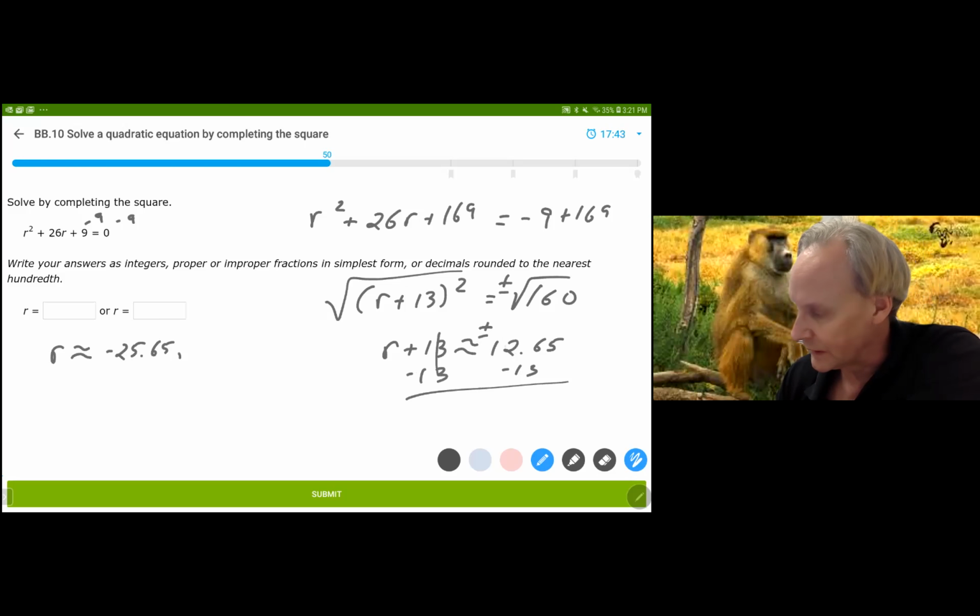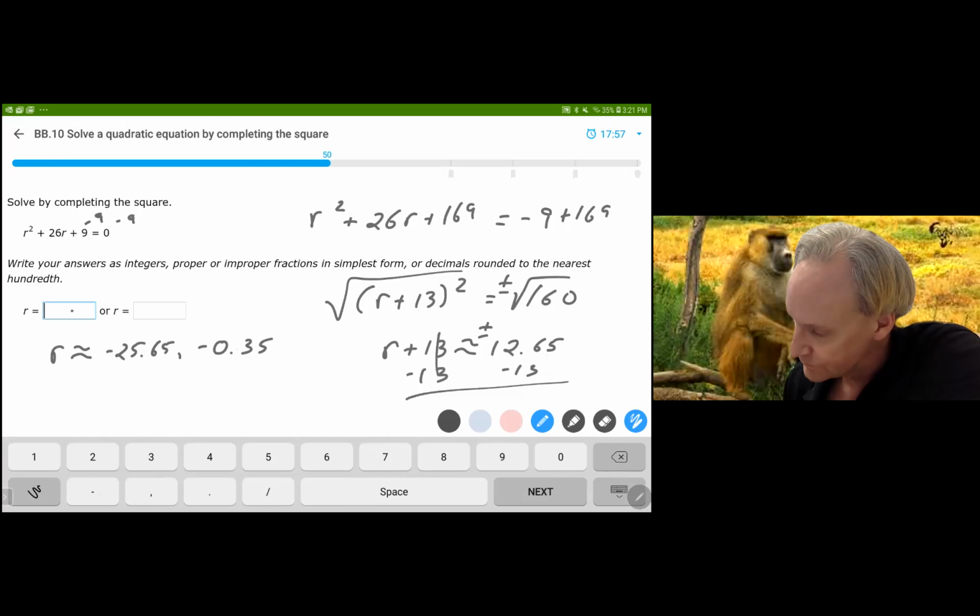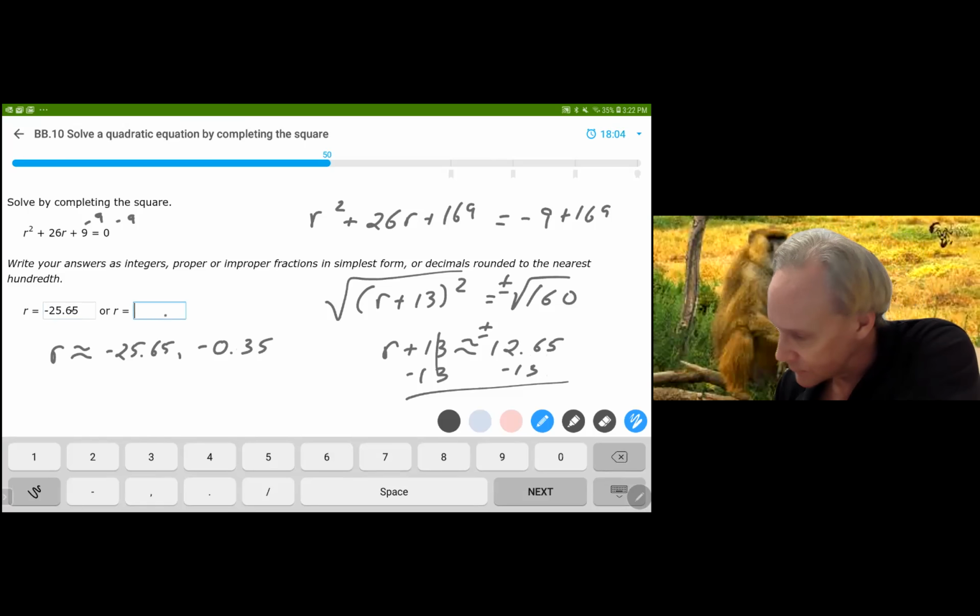And we also get a negative 0.35, huh? Yep, that looks right. And is it a negative 0.35? That looks good.